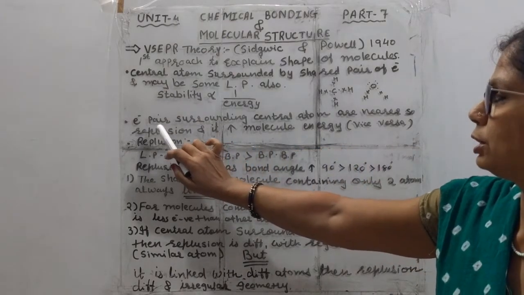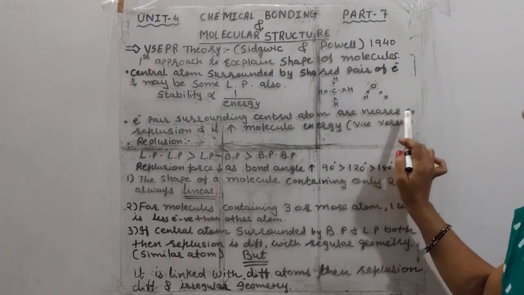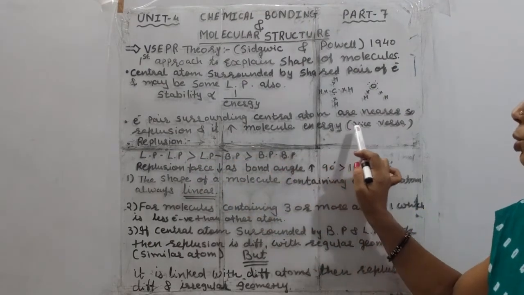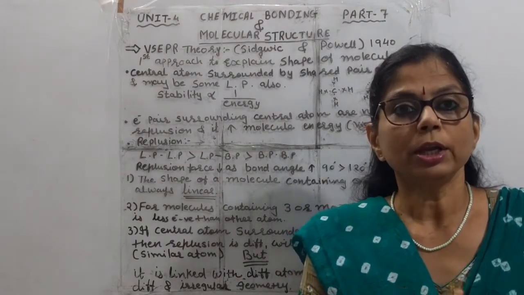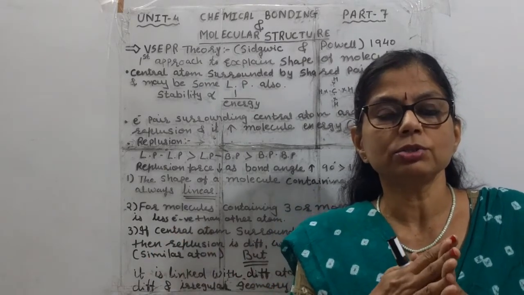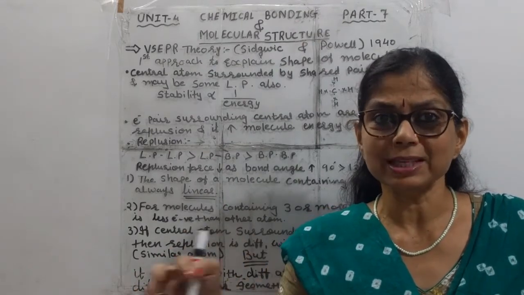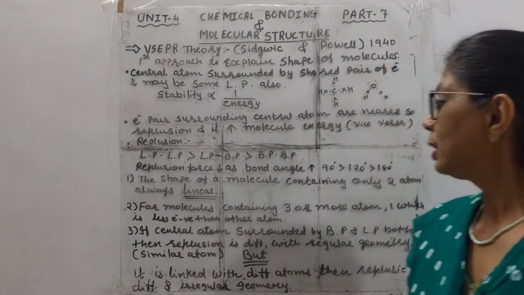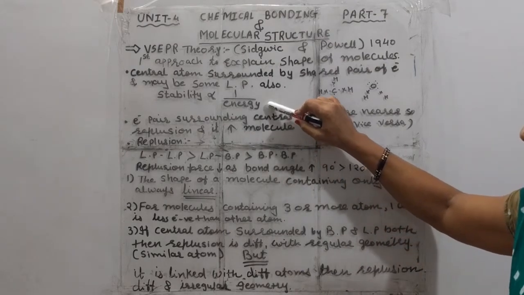The second postulate is that electron pairs surrounding the central atom are near, so repulsion is more and it increases the molecule's energy. So the molecule tries for maximum repulsion. The molecule pushes the surrounding atoms to the maximum distance, so it can attain stability very fast by keeping less energy.